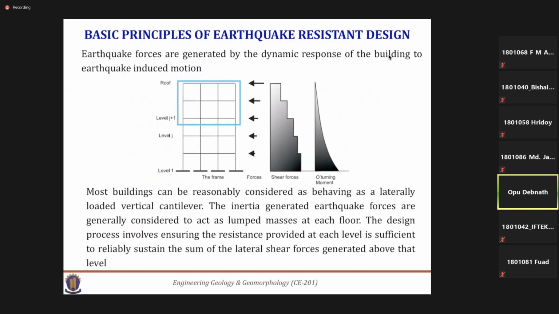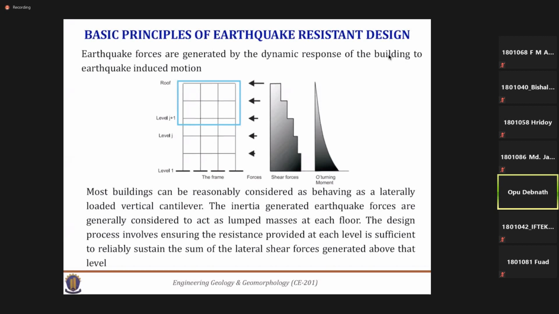And this is actually the part of mathematics, simply showing the shear wave. So this is for a frame structure, how to calculate the shear force, base shear, shear force, overturning moment, etc. These are the part of the dynamic response of building during an earthquake.